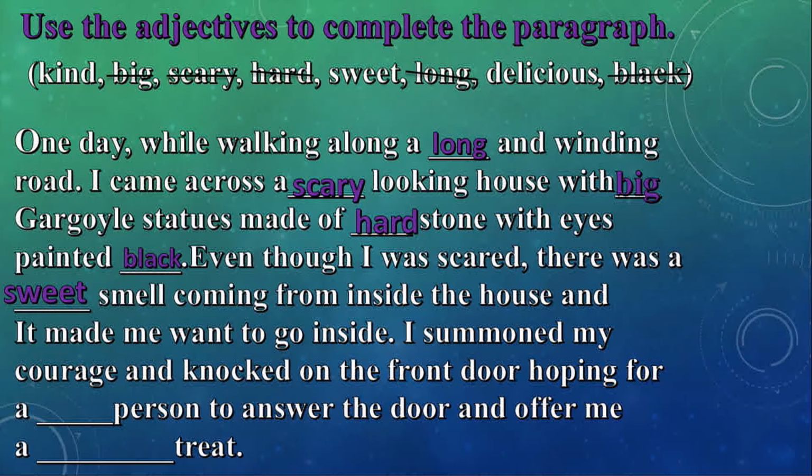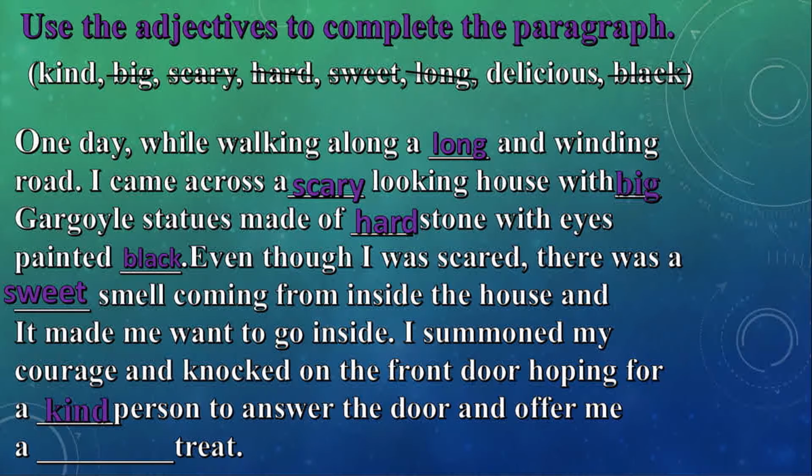Right? And it made me want to go inside. I summoned my courage and knocked on the front door, hoping for a something person. So it's either a kind person or a delicious person. So I don't know about you, I have never eaten people. I believe that appropriately here, it would be kind.